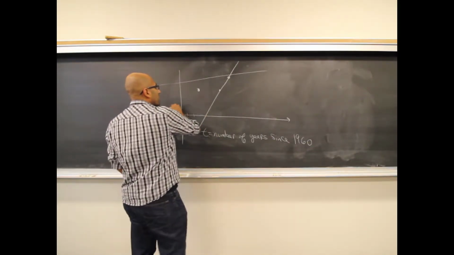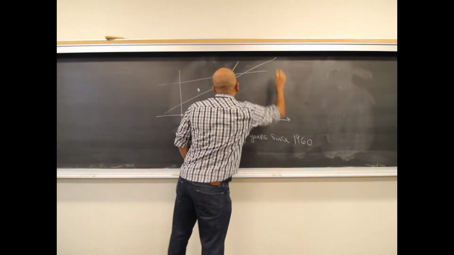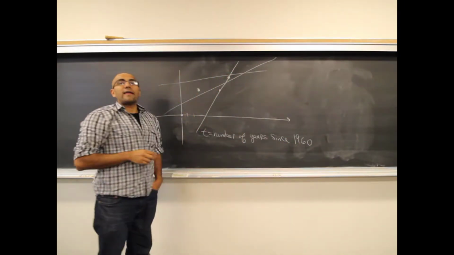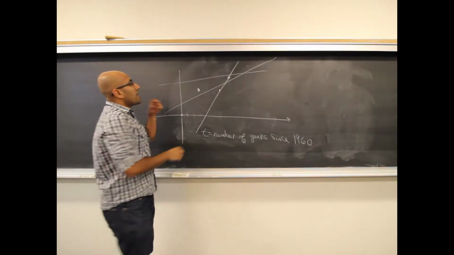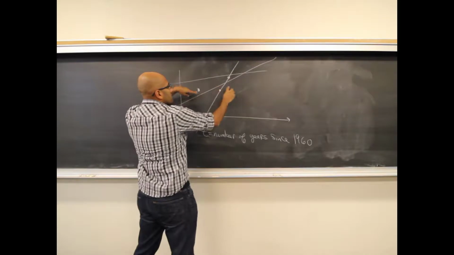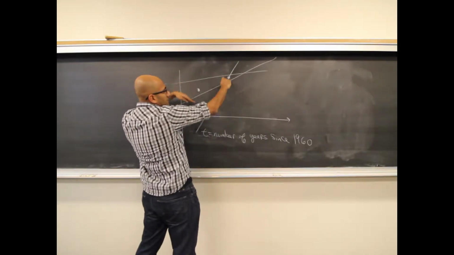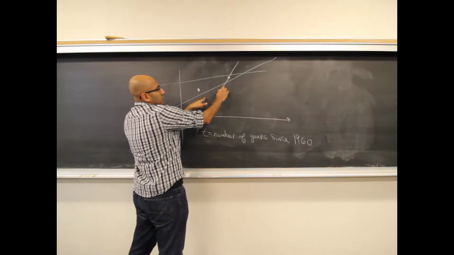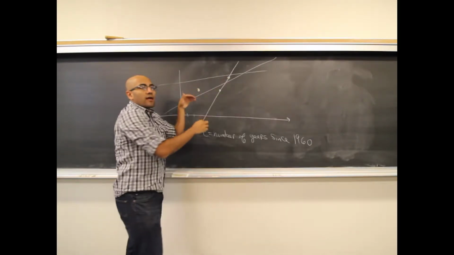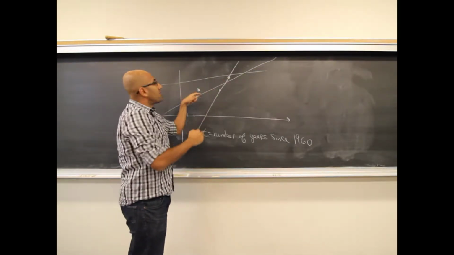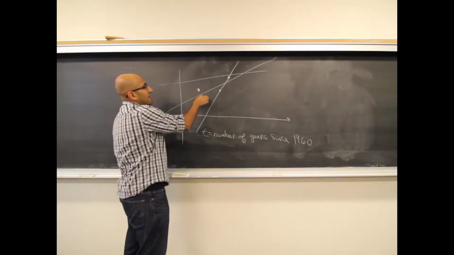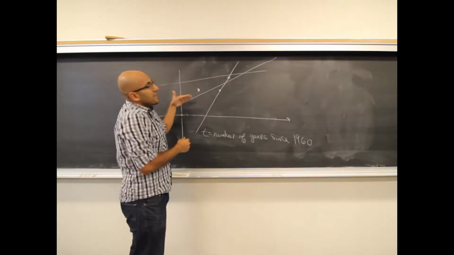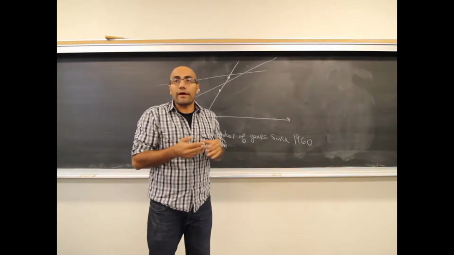Maybe something like this would be better, where it doesn't really touch any of the 3 points, but it kind of breaks them up. It goes kind of in the middle of the 2. You can think of a tug of war between the points below the line and the points above the line. There's some sort of influence that all the points have had on the line, even though none of the points are actually on the line.